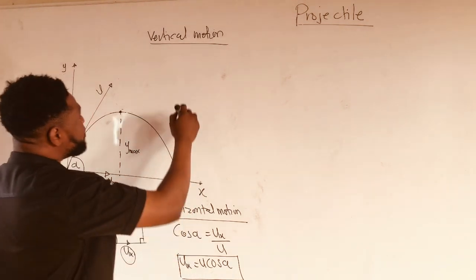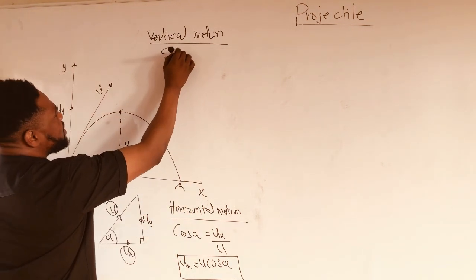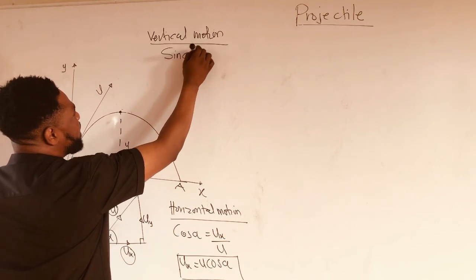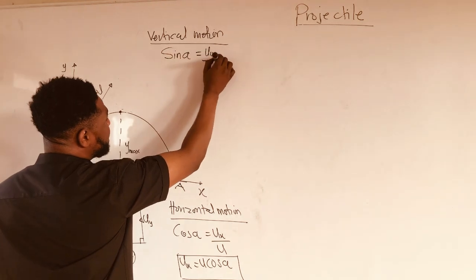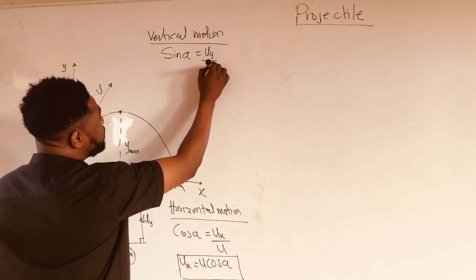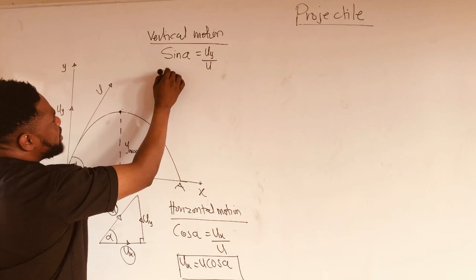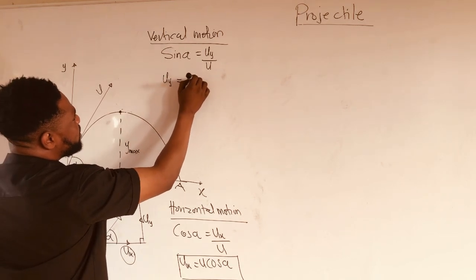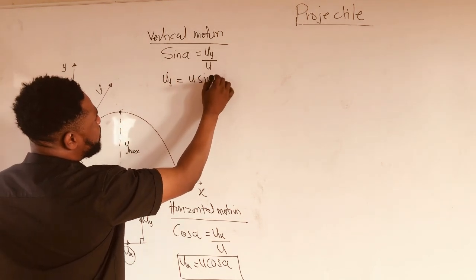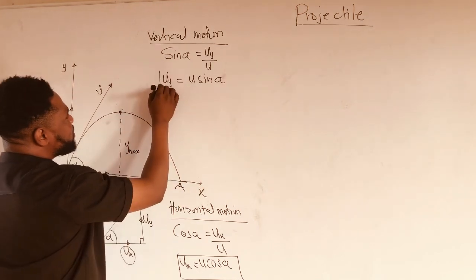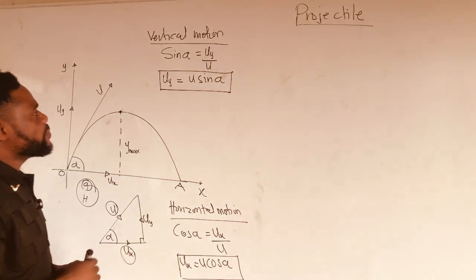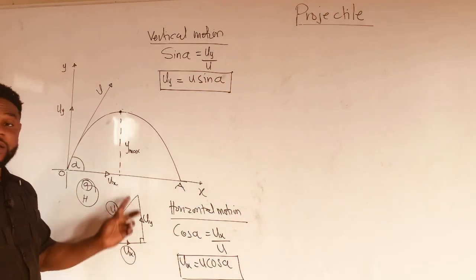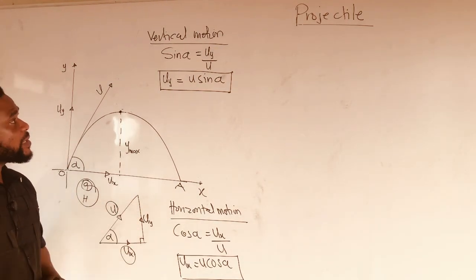So opposite over hypotenuse, we use our sine ratio. So we say sine alpha equal to opposite, which is uy, all over what? u. So we can say that uy is equal to u sine alpha. So this is the initial velocity of the body moving in a vertical direction.